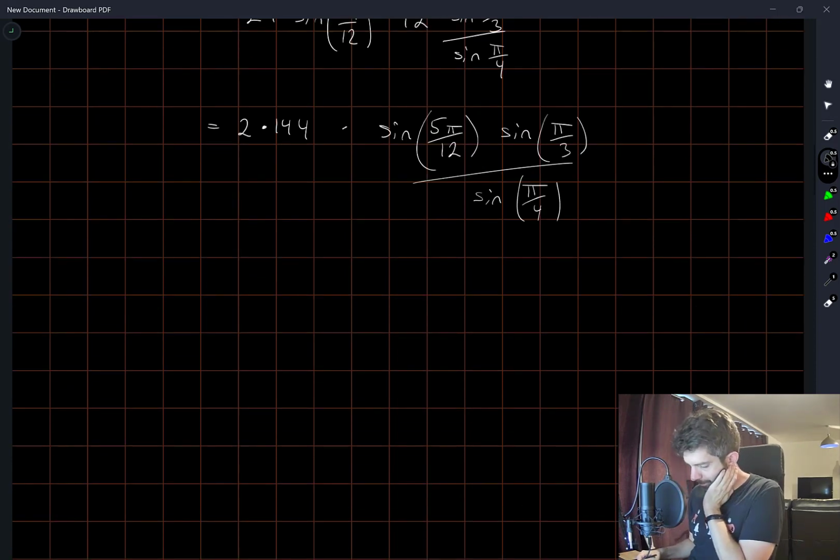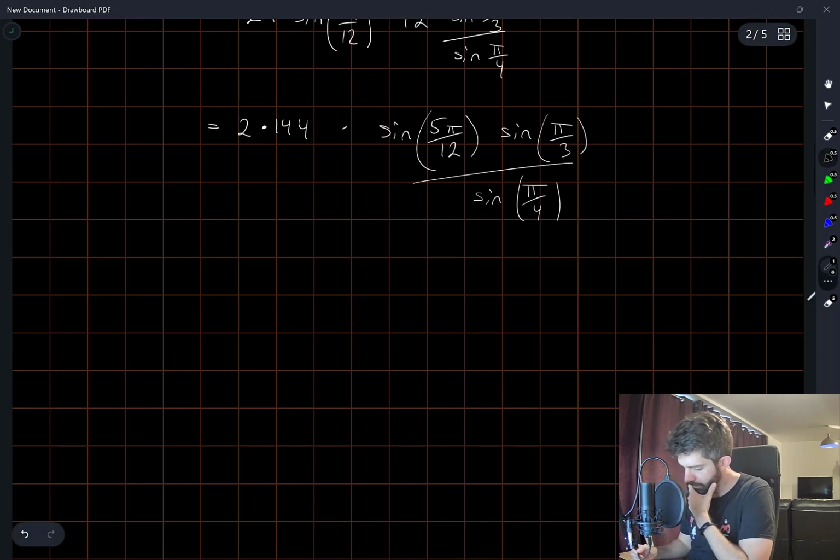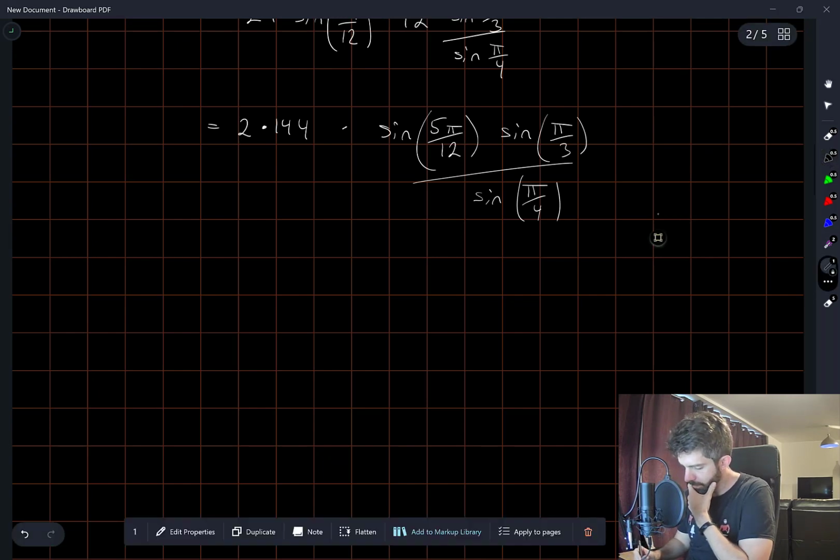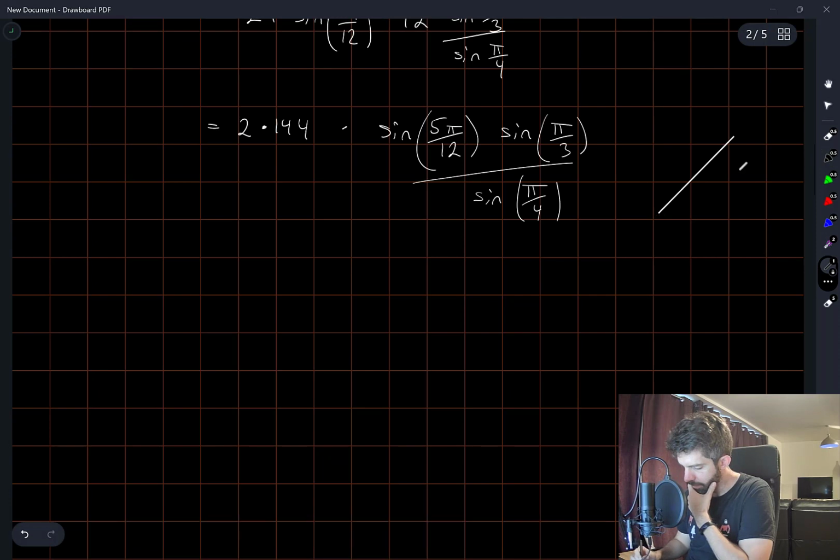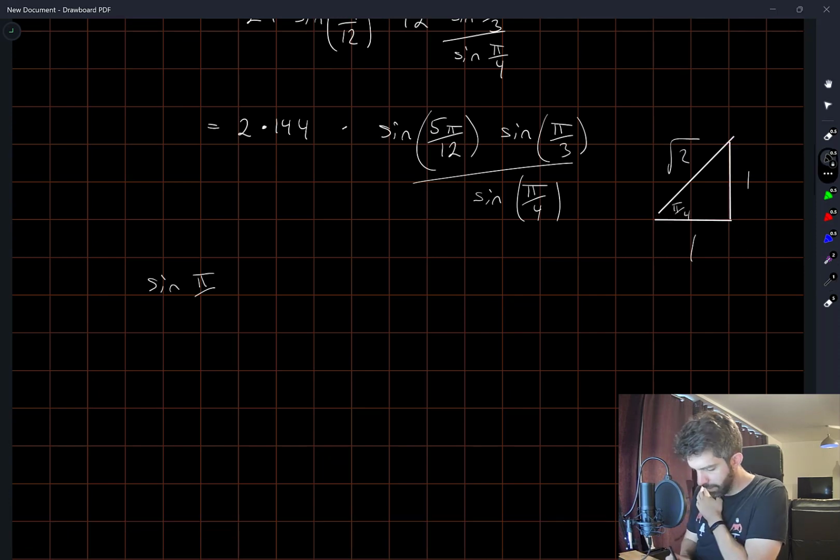Okay, so now it's just figuring out what these sine ratios are. I never remember these. I guess sine pi over 4 is easy, right? Because that's for an isosceles right triangle. Sine of pi over 4 is 1 over root 2.